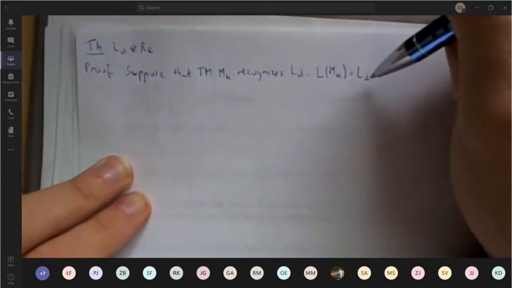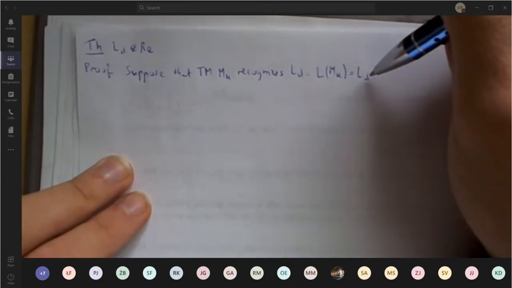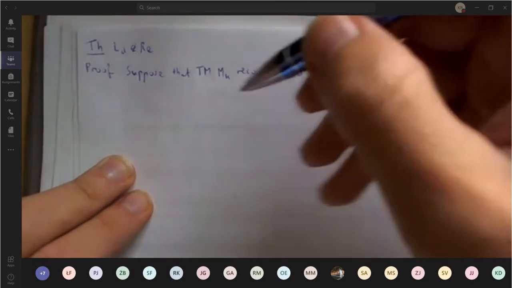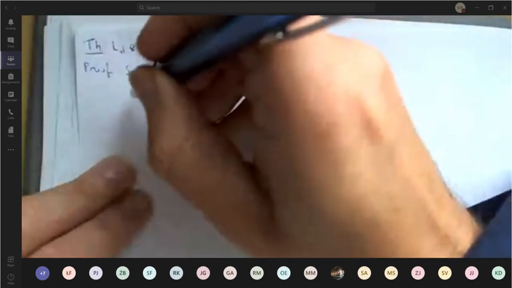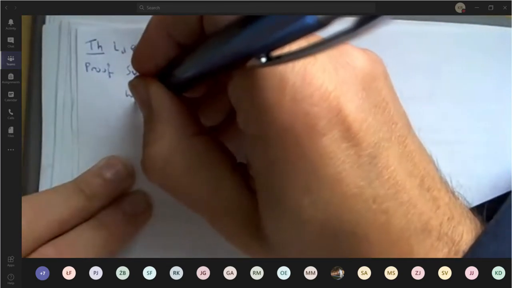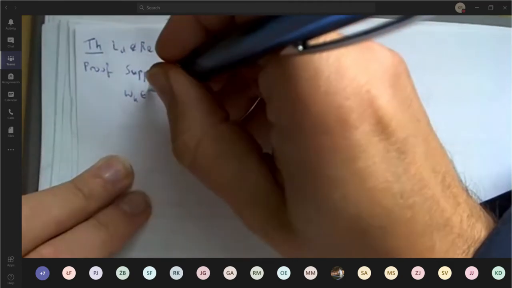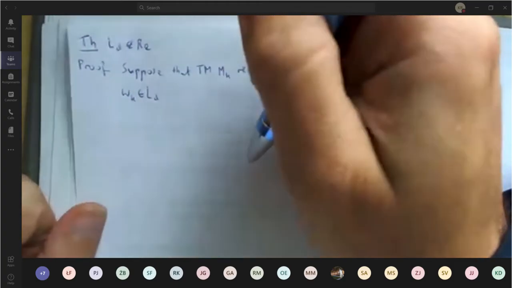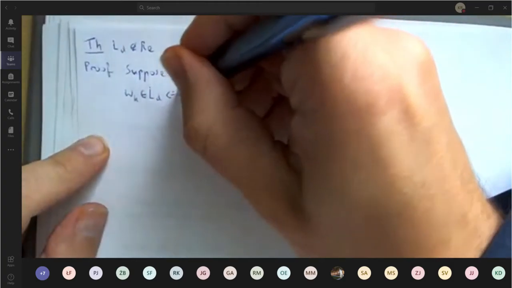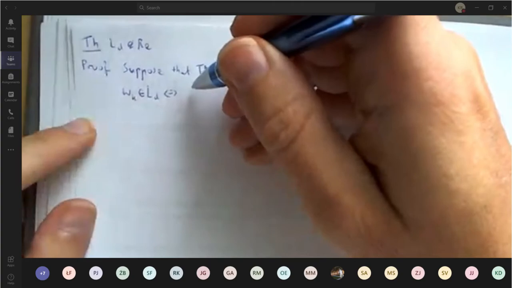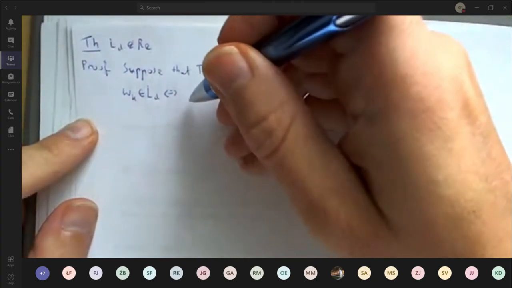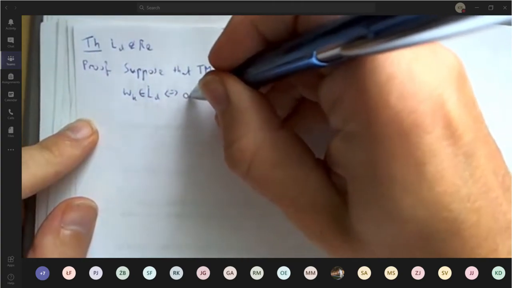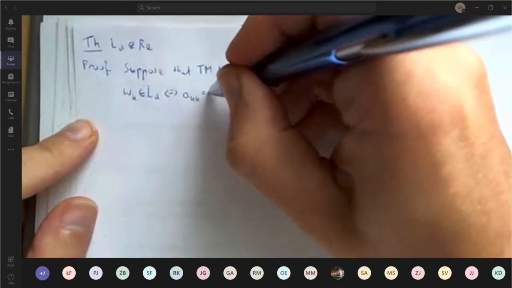So now let's consider the input string WK. WK belongs to the diagonal language by the definition if and only if AKK is 0.